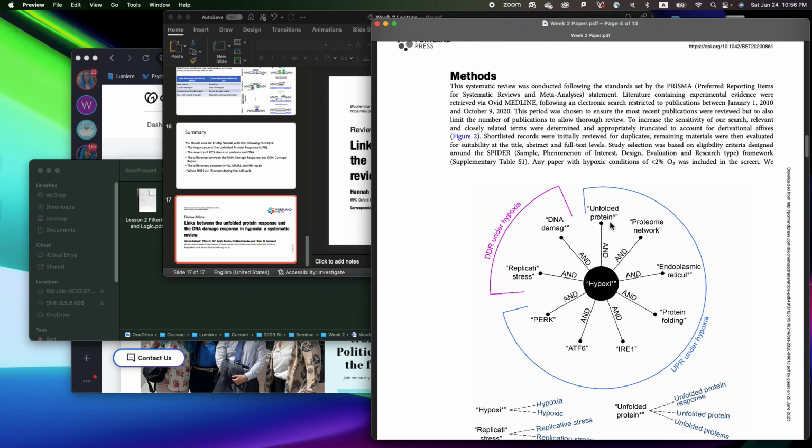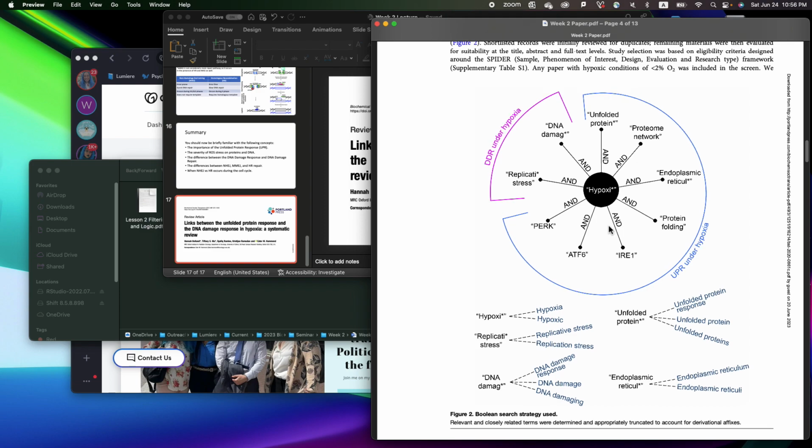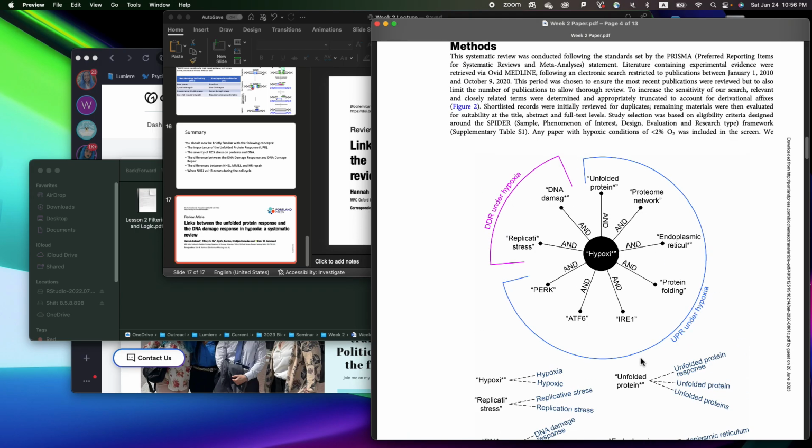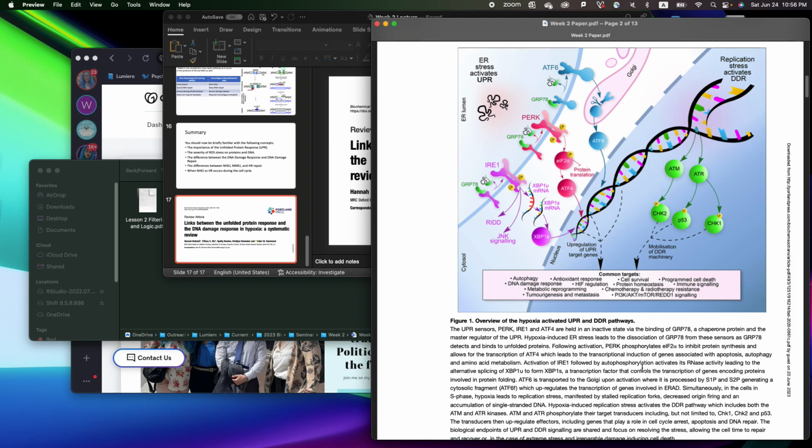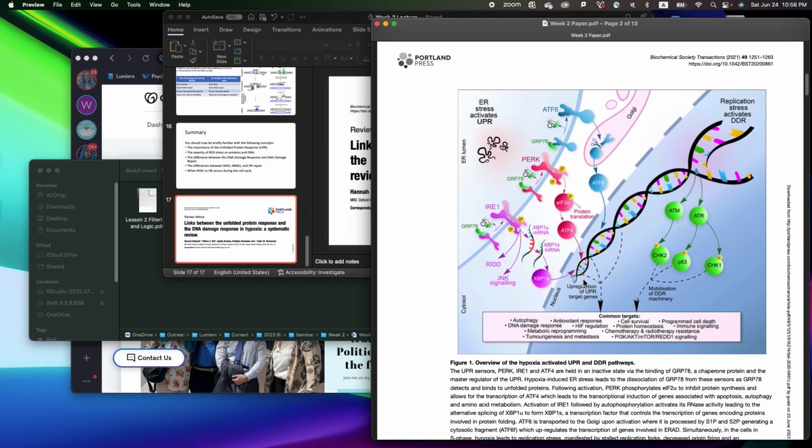Basically what they're talking about here is, in hypoxia conditions, which is low oxygen, hypoxia is an inducer of replication stress, which elicits the DNA damage response, which then elicits the unfolded protein response, etc. They have this nice figure here showing how the two processes are connected.